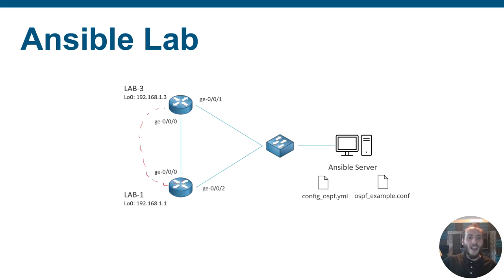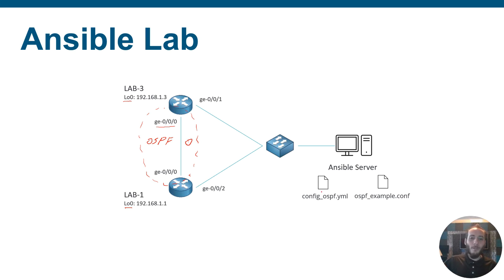So we're going to go ahead and create an OSPF area, OSPF area 0, and we are going to add our gig 0/0/0 interface on each of our devices to OSPF, as well as the loopbacks of our two devices to our OSPF area, so that we can have loopback routing between our routers. And we're going to go ahead and push this configuration with Ansible to both of our devices.